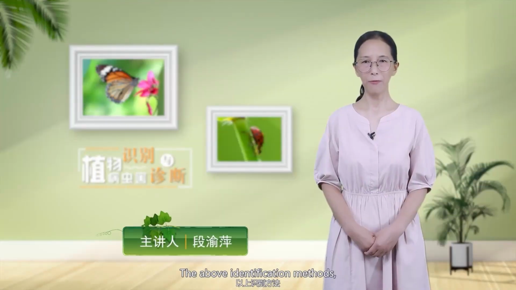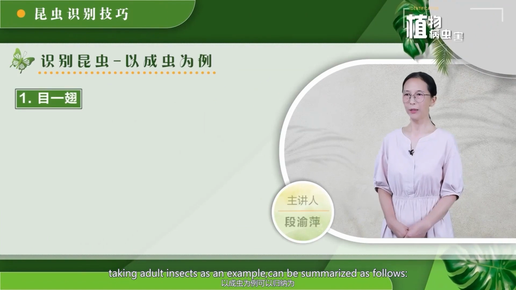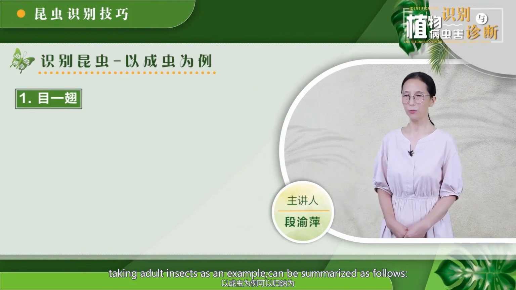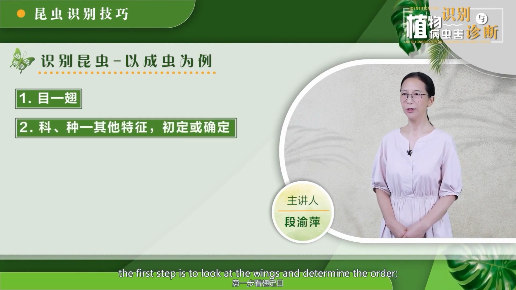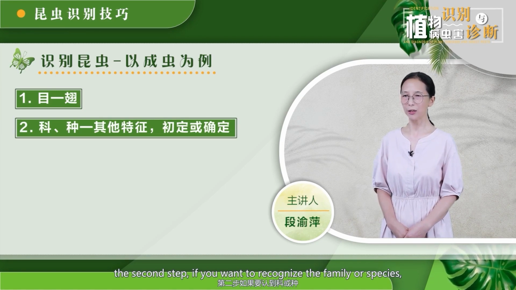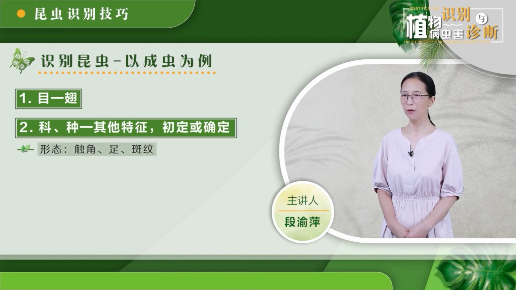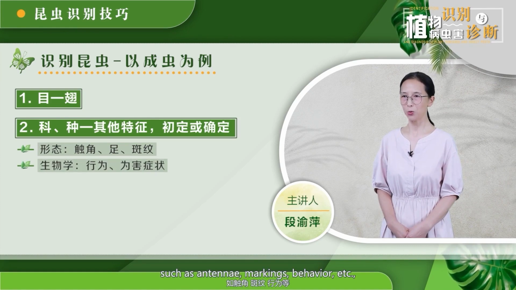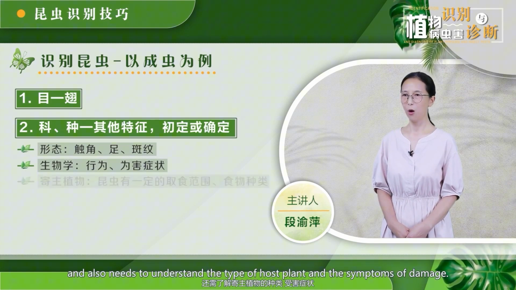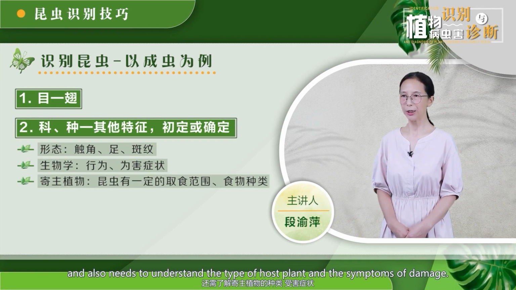The above identification methods, taking adult insects as an example, can be summarized as follows. The first step is to look at the wings and determine the order. The second step, if you want to recognize the family or species, is to combine other characteristics such as antennae, markings, and behavior, and also understand the type of host plant and the symptoms of damage.